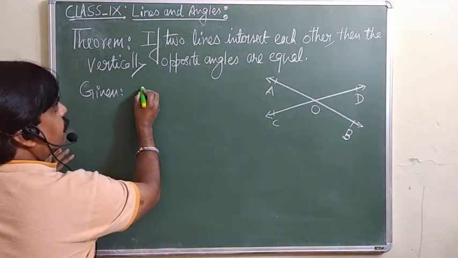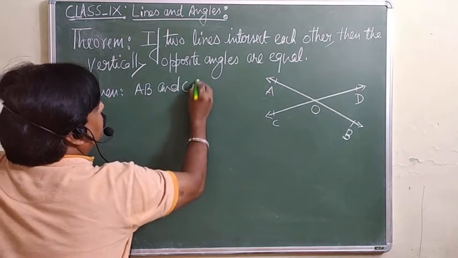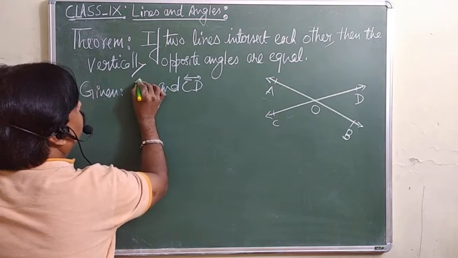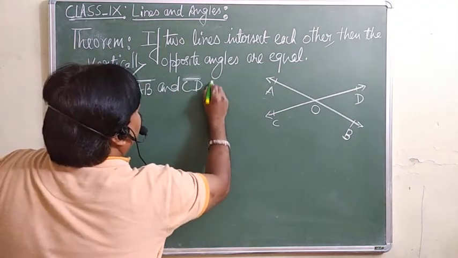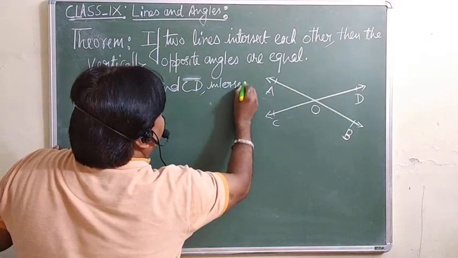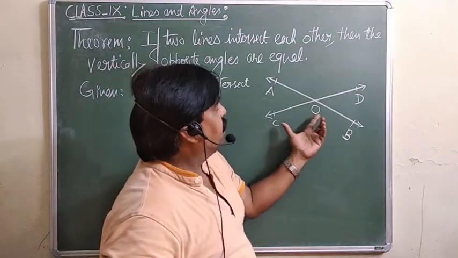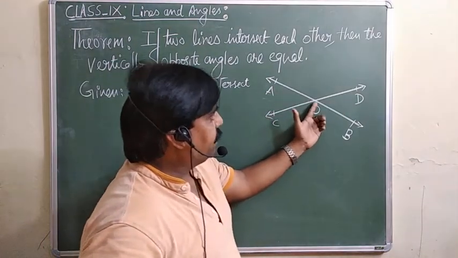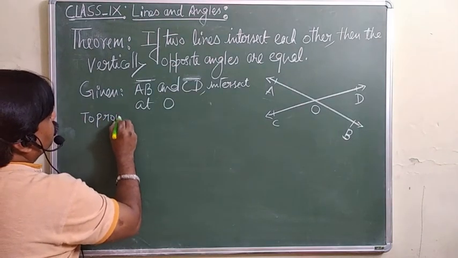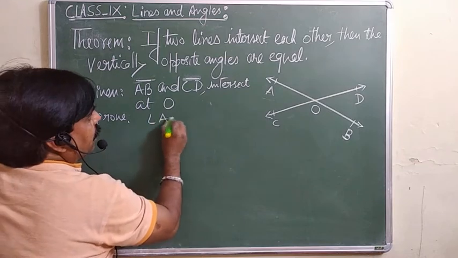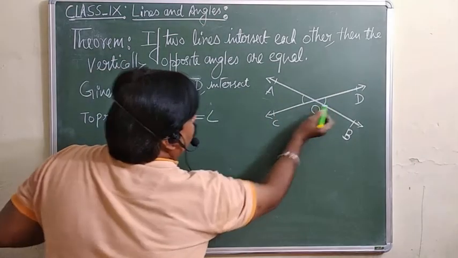So the information given is: AB and CD are the two line segments, and they intersect at the point O. We want to prove, first, that angle AOC is equal to angle BOD.